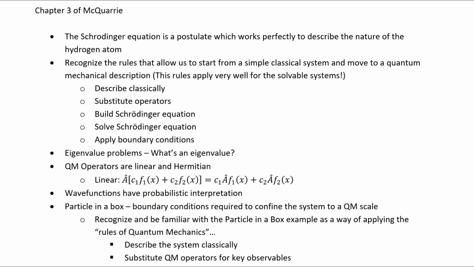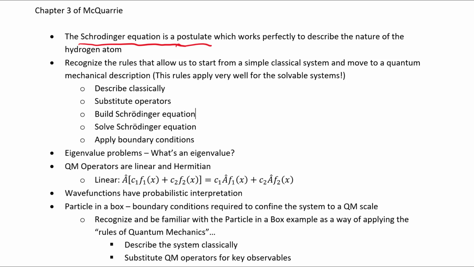So we now turn our attention to chapter 3 of McQuarrie, and we start to really delve into some of the key ideas of quantum mechanics when we move into chapter 3. What we're told up front, of course, is that the Schrödinger equation is in fact a postulate put forward by Erwin Schrödinger, but it does work perfectly to describe the nature of the hydrogen atom, as we're going to go on to find out.